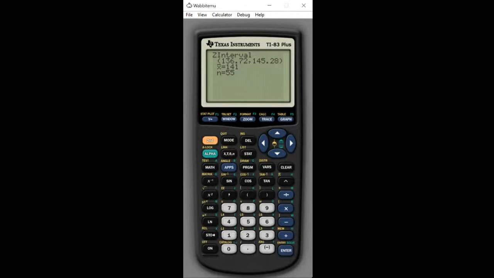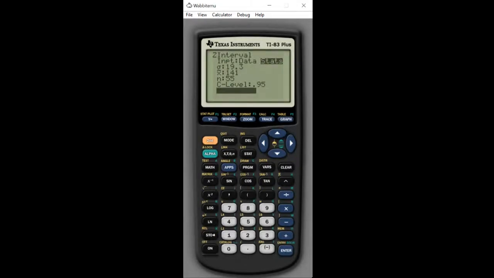And guys, I'm going to do this process all over again because we also want to do one for the 95% confidence interval. So I'm going to go to Stat, back to Tests, and back to the Z interval test. The only thing I'm going to change is the C level from 0.9 to 0.95.